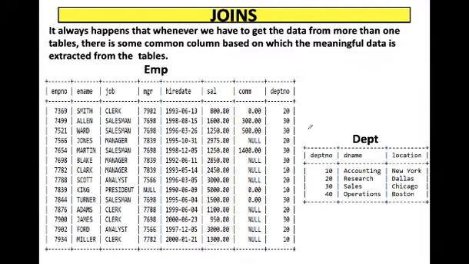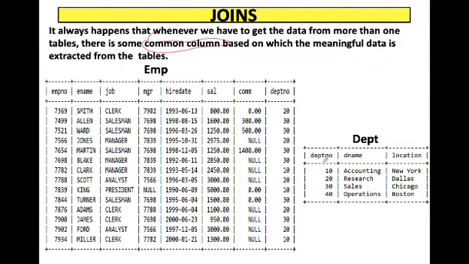Whenever we have to get data from more than one table, there should exist some common column to extract meaningful information from two tables after joining them. Now see what I have done.